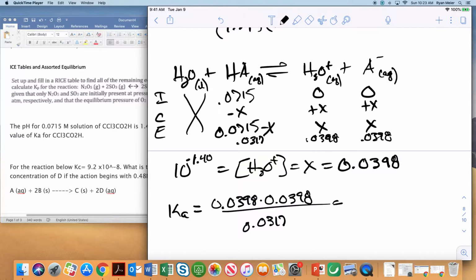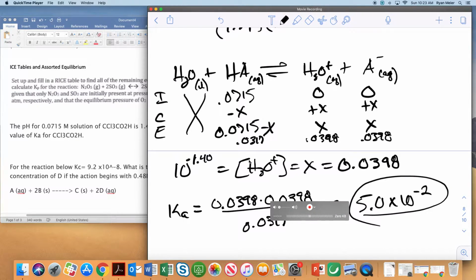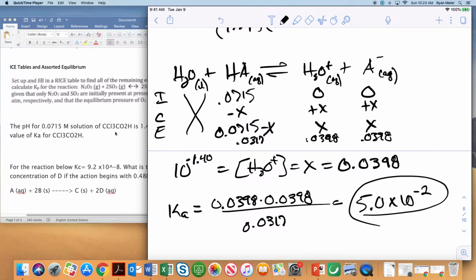And I get about 4.9, actually, if I want to, it's going to be 5.0 times 10 to the minus 2, which is actually pretty large in terms of Ka, but I have a pretty tiny concentration. My pH is 1.4, which is awfully low, so it kind of makes sense that this is a relatively large Ka, at least in terms of weak acid comparisons.